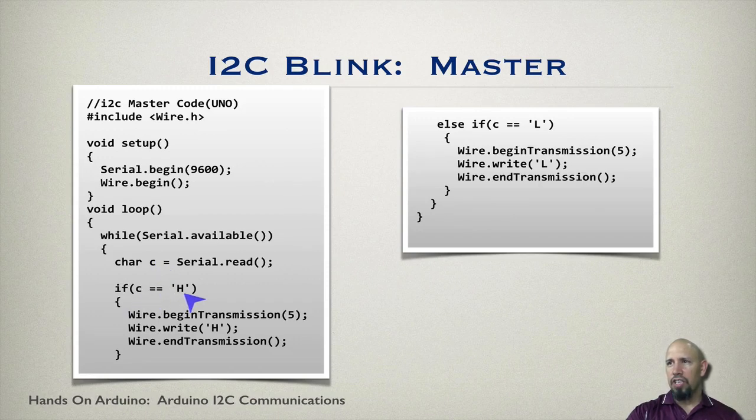Now, if that character is equal to the capital letter H, we're going to begin a transmission. In this case, our slave Arduino does not have a predefined address.